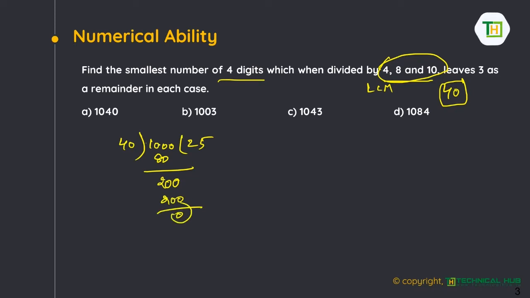Now this 1000, the smallest 4-digit number, is exactly divisible by all these numbers, right? And he is saying that there is a remainder of 3 in each case, so you need to add that remainder 3 also. 1000 plus 3 is 1003. That is the answer, Option B.